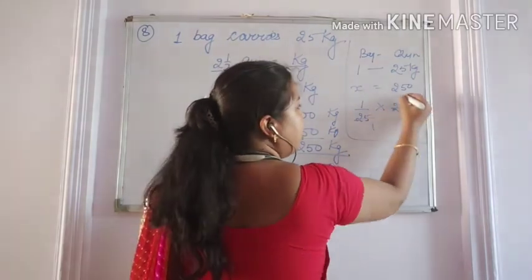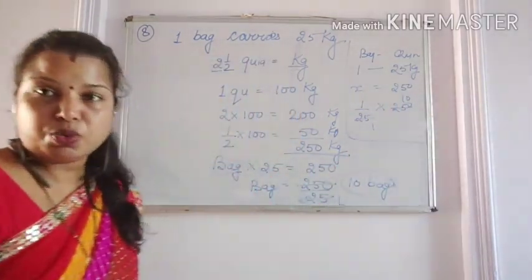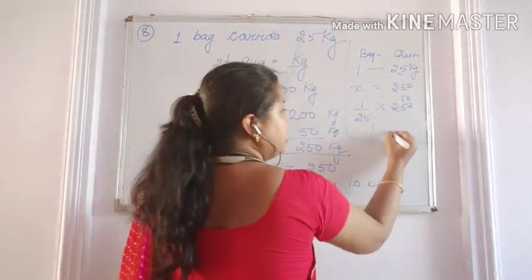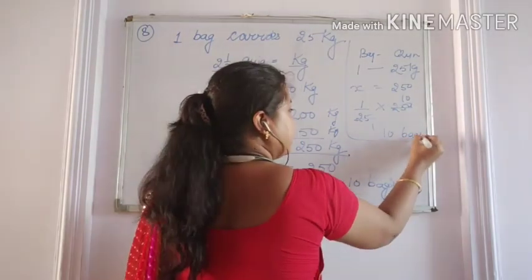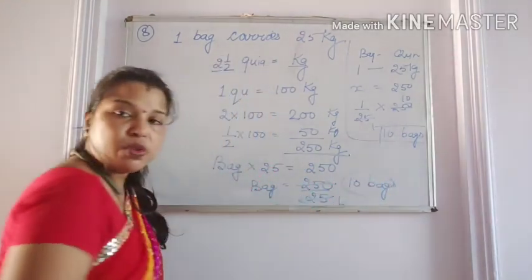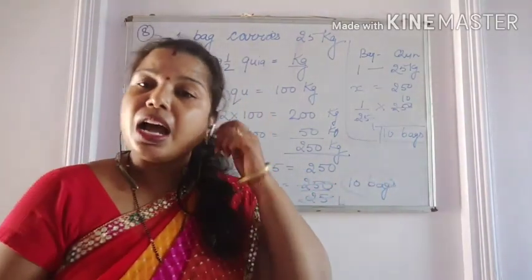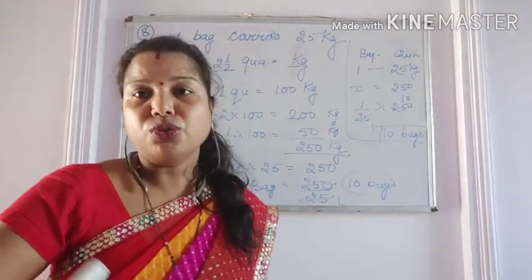So 25 ones are 25, or 10. By unitary method also we will calculate, but this one is easy. So how much bags will be there? 10 bags is here. Okay, if you have doubt, make them clear again, ask me again. Okay, thank you, God bless you all.